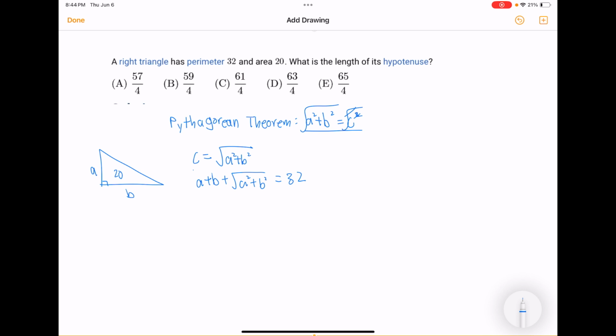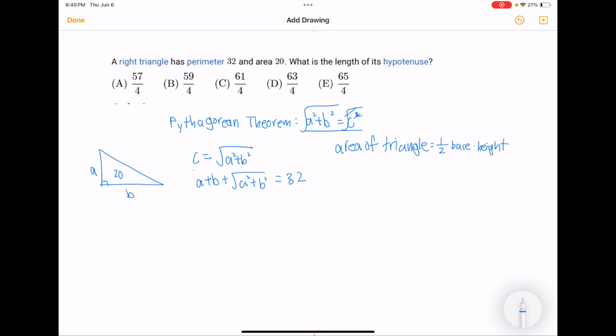But we see here that we have one equation with two variables. So if we want to solve this, we want to get another equation with the same two variables, so we can have a system of equations to solve. They also tell us that we have an area of 20. The area of a triangle is 1/2 base times height.